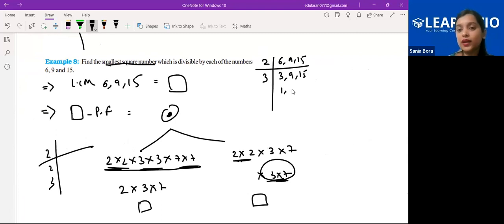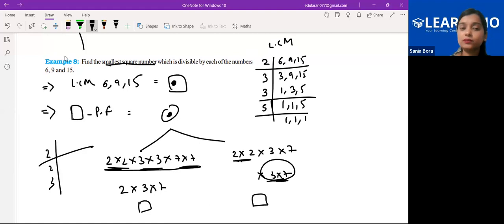Then 3, 1, 3 and 5. And here 3, 1, 1 and 5. This is the LCM. I'm doing the LCM here. Now you will multiply this 2, 3, 3, 5. Whatever that comes, that will be the LCM. Fine? Yes, ma'am.